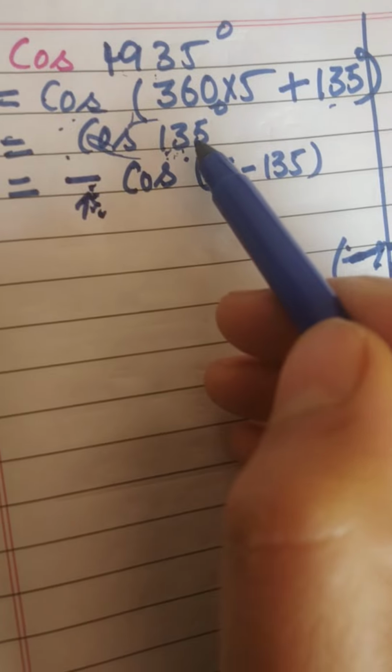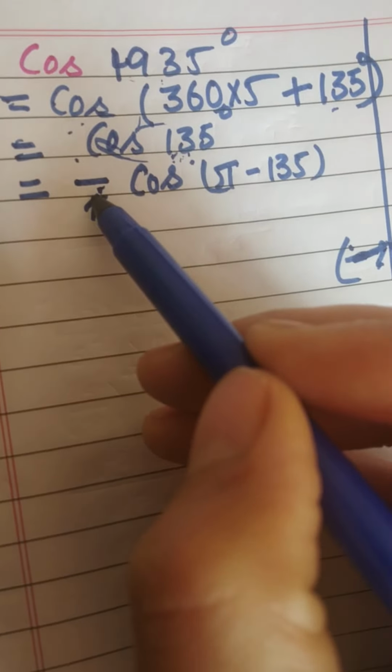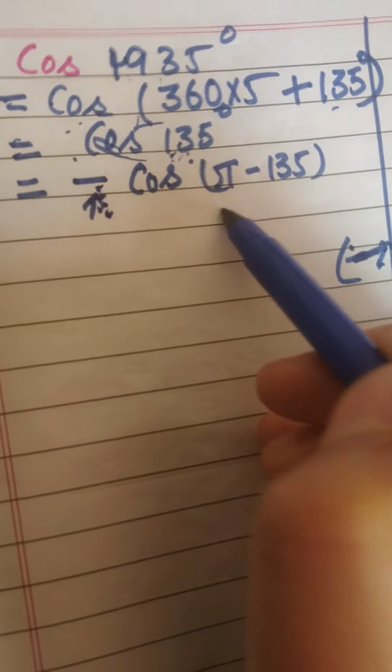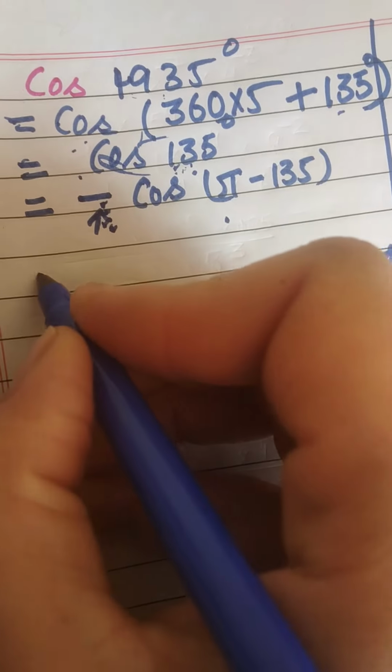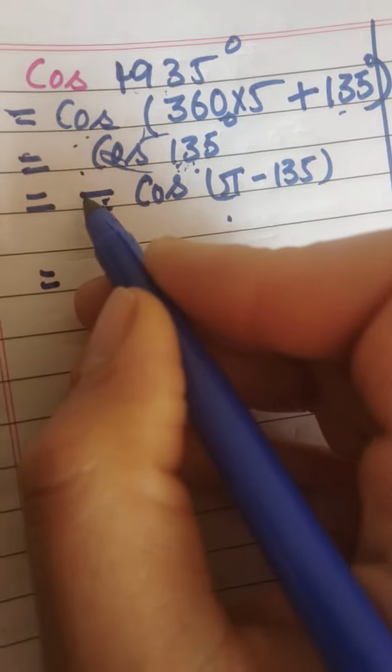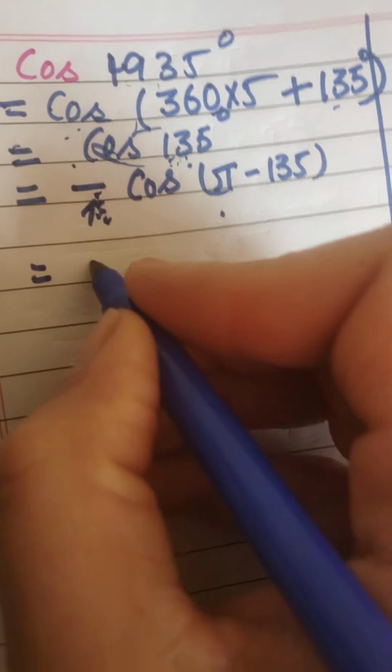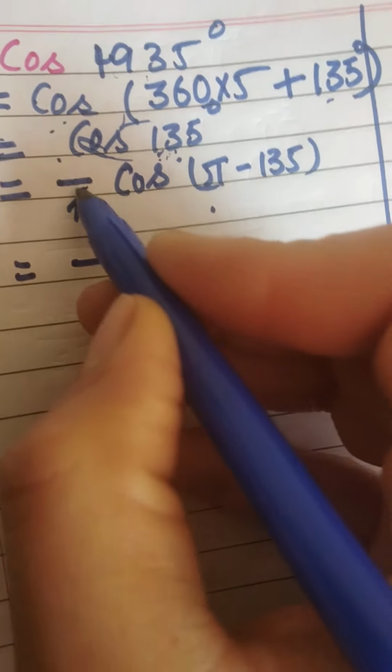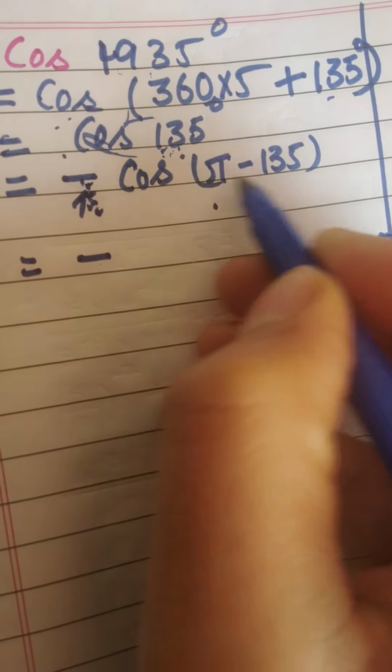So 135 is used to find out the magnitude and the direction both. Sorry, this is for the direction, and this is for the magnitude.